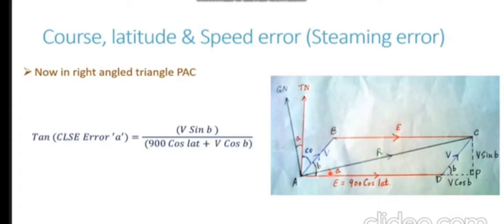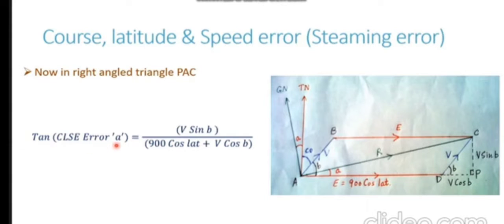Now tangent of this angle, tangent of small a, will be equal to perpendicular, which is V sin B, Victor sin Bravo, divided by the base. The base is alpha papa, and the base is basically given by alpha delta plus delta papa. Alpha delta is 900 cos lat and delta papa is Victor cos Bravo. So the same thing is mentioned here in the formula.